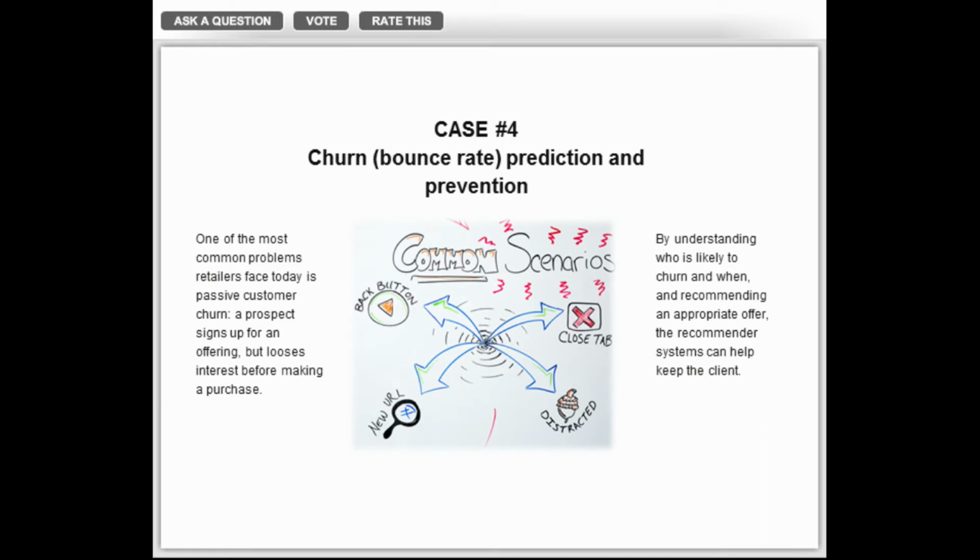A simple example. The person who is looking to buy an expensive LCD flat TV is probably not going to make a purchase from the first visit to your website. So, as an example, he goes to the website, he looks at the TV, and then he leaves the website.